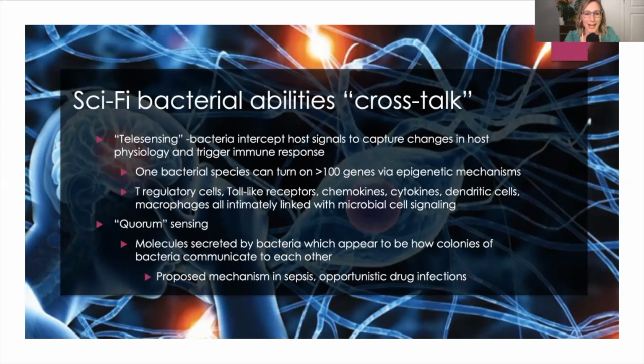It's this exponential effect. And that is really what's going on in the body too. There's many, many players all converging to help make physiology happen. Quorum sensing. This is when bacteria themselves secrete chemical signals that then communicate to other colonies.